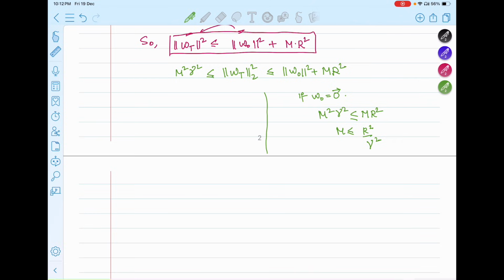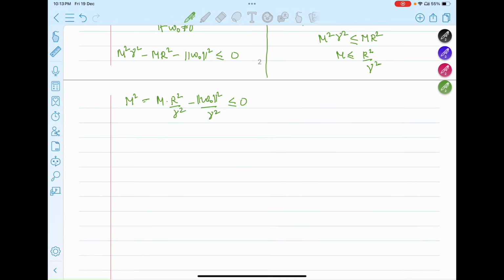But what if W_0 is not 0? Then what can we say? Then we can say that M square gamma square minus M times R square minus norm of W_0 square is less than or equal to 0. When I divide by gamma square, I'll get M square minus M times R square by gamma square minus W_0 norm square divided by gamma square, less than or equal to 0.